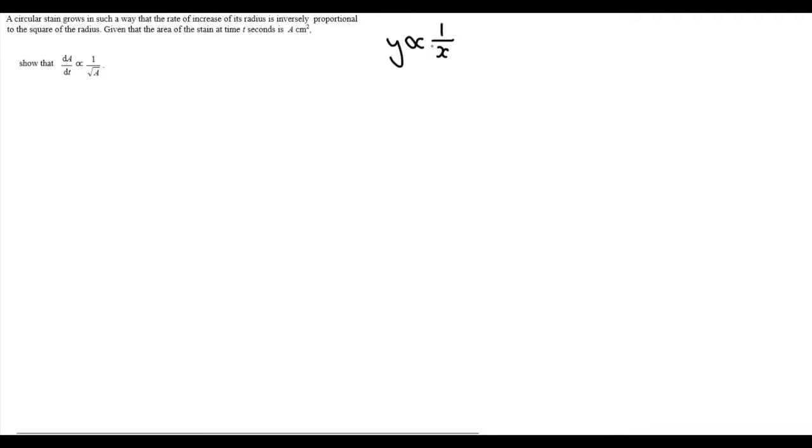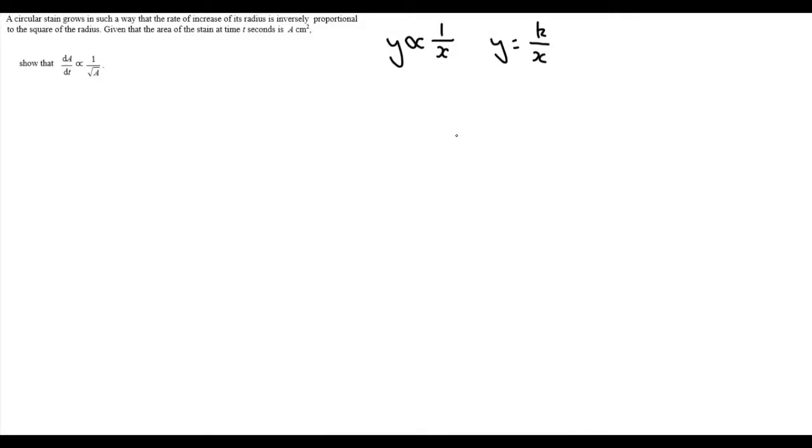But if x got smaller, you're now dividing by a smaller number, so the fraction gets bigger, y gets bigger. So as one goes up, the other goes down, basically. To make this an equal sign, though, if you were wanting to, you could say that that would be y equals k over x here, where k is some constant value that you would find.